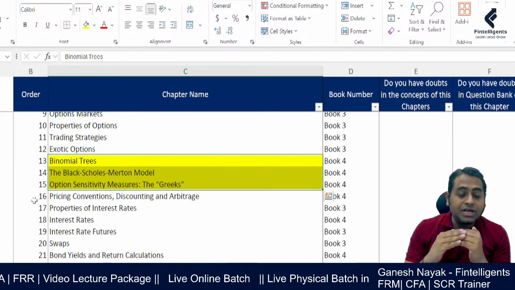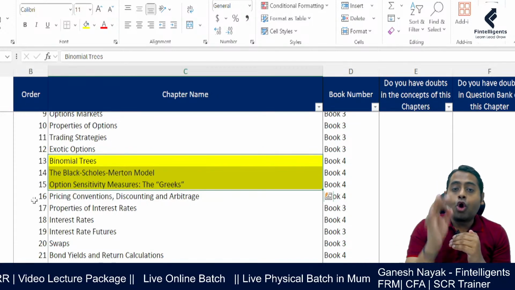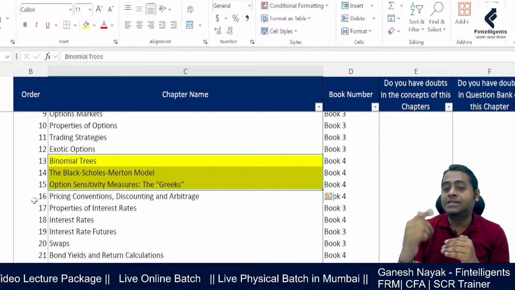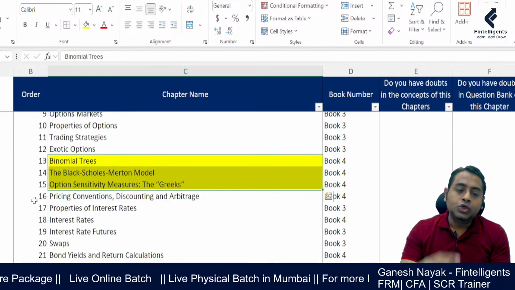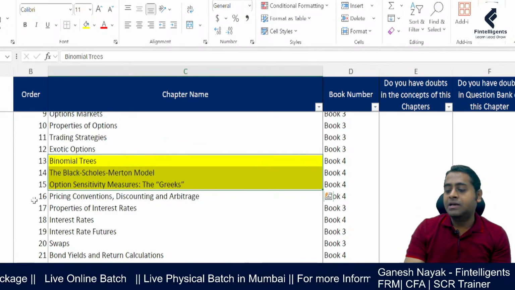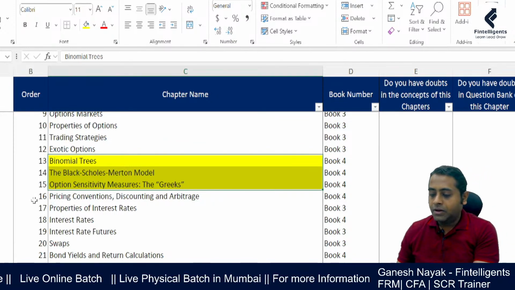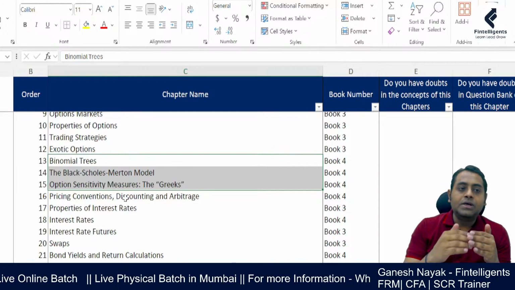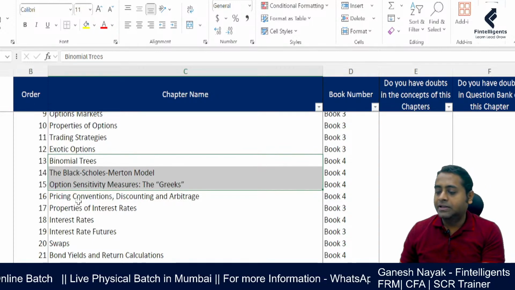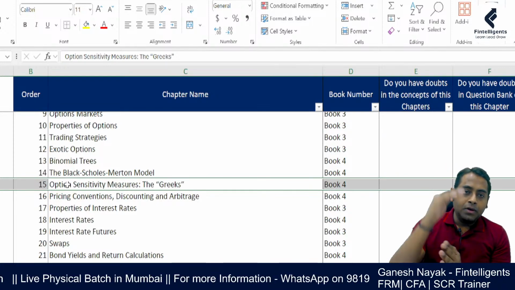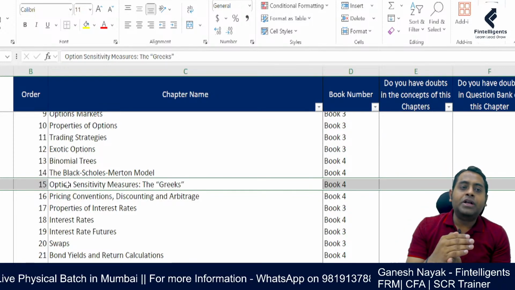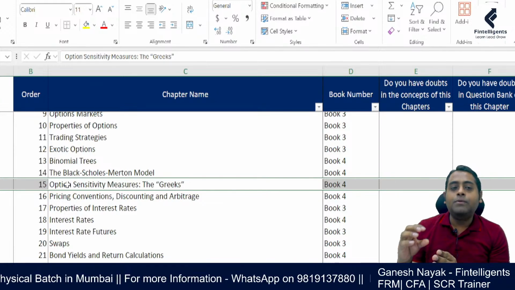These 3 chapters are talking about option valuation, which is connected to your previous topic of option basics. So you should be revising it immediately after that. This basically covers almost till these 15 chapters. You have almost covered major content of book 3 and some content of book 4.